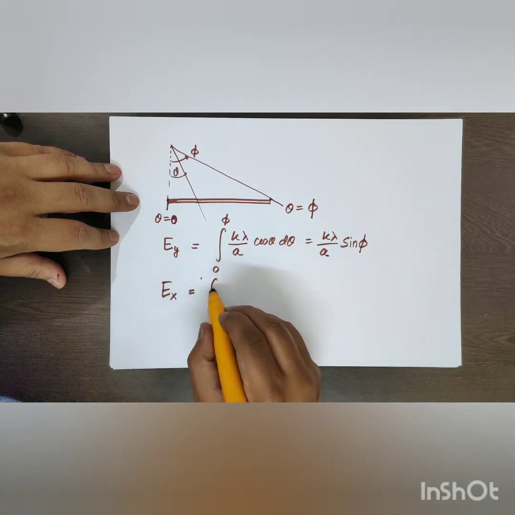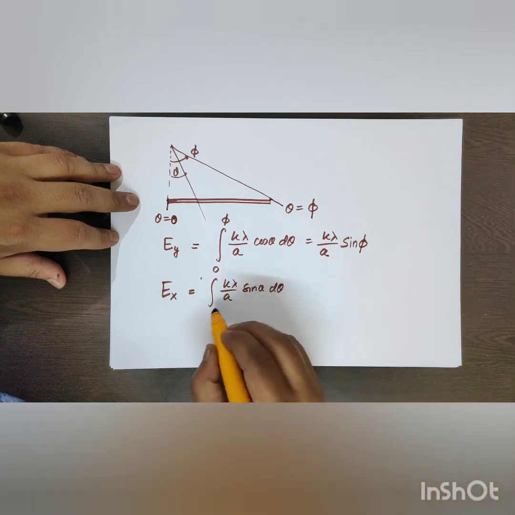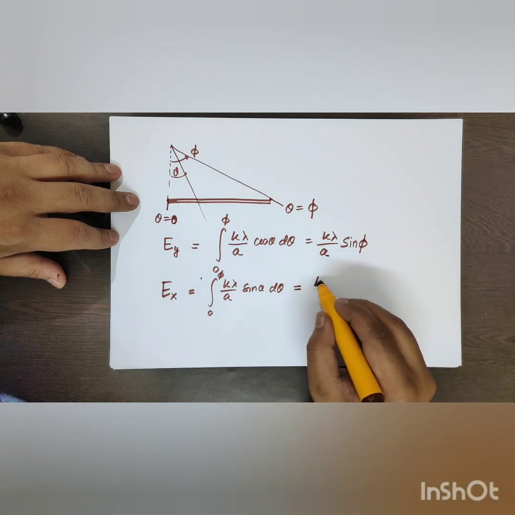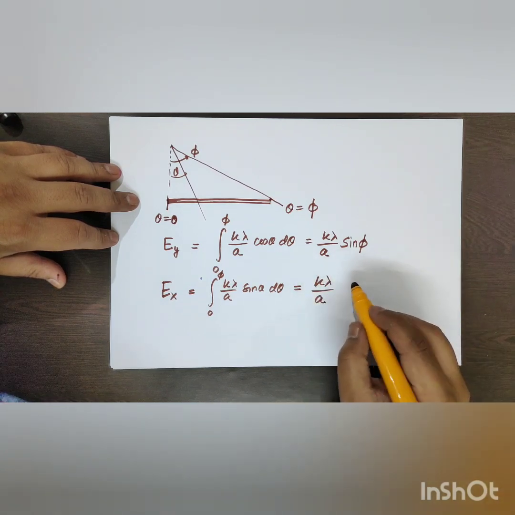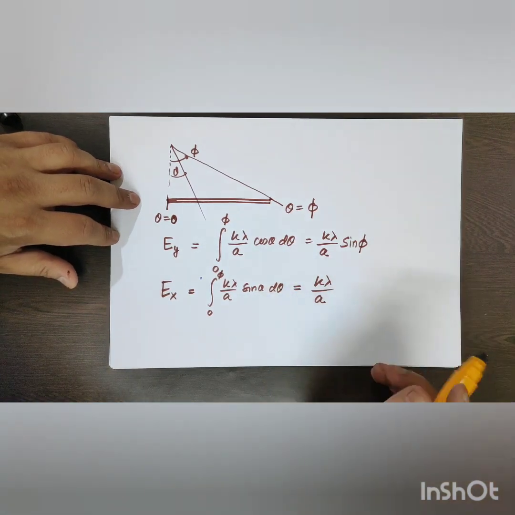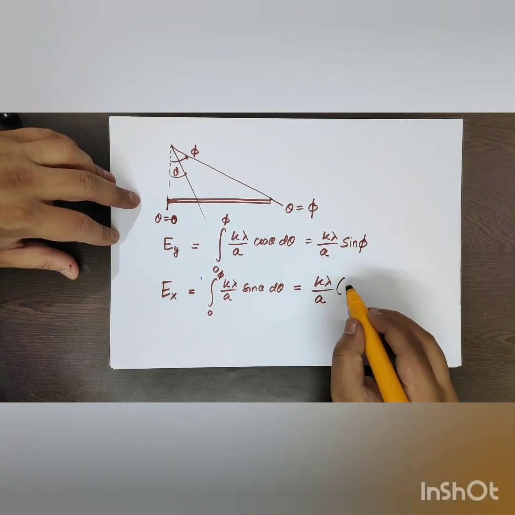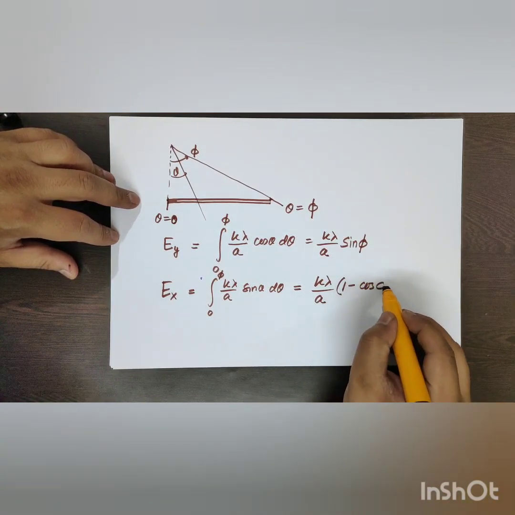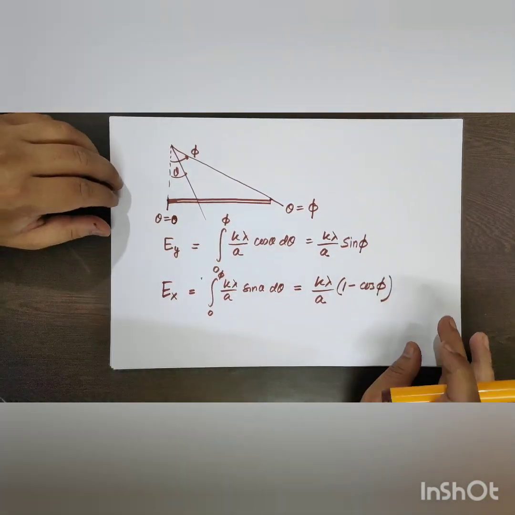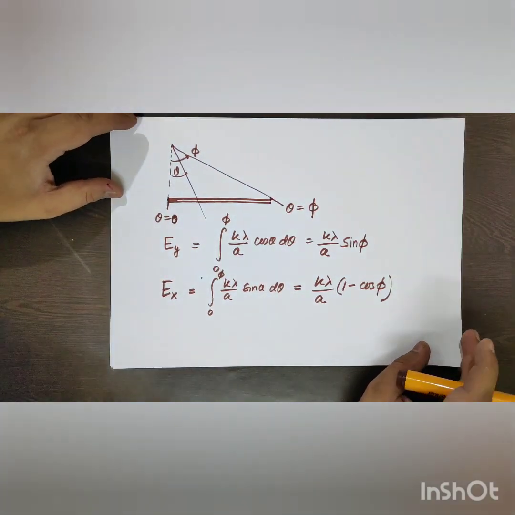Ex will be integral of k lambda by a sin theta d theta from again 0 to phi, so that's k lambda by a into integral sin theta d theta, which means minus cos theta, so it will be 1 minus cos phi. So these are the values of the fields along the x axis and the y axis.